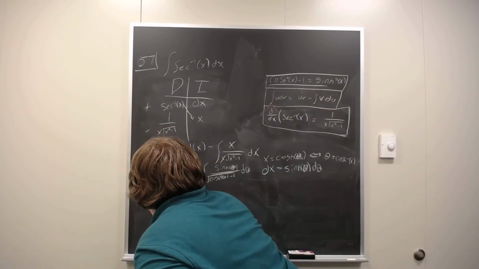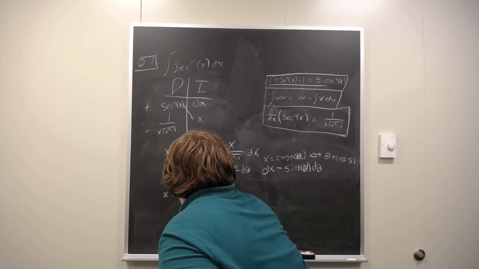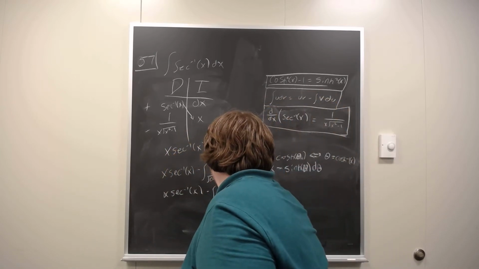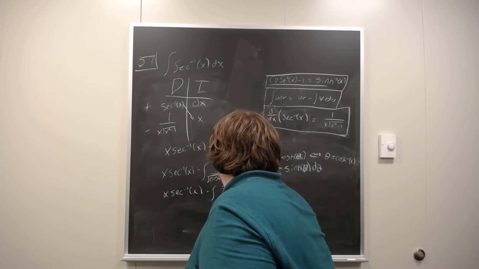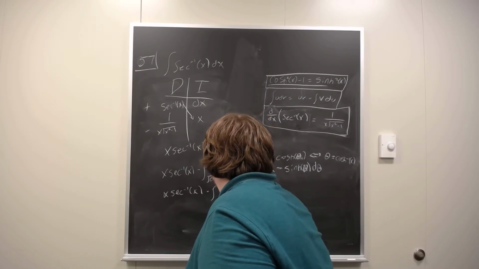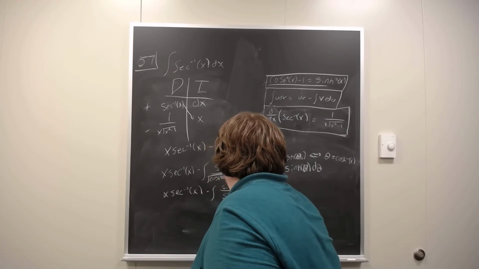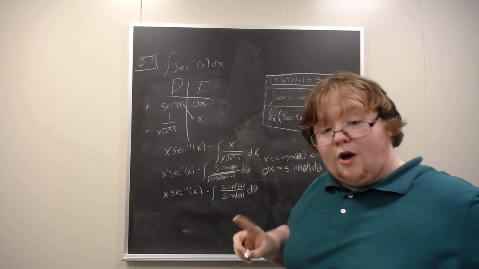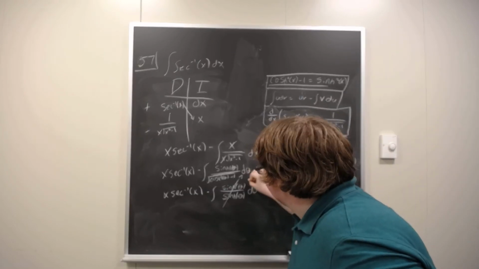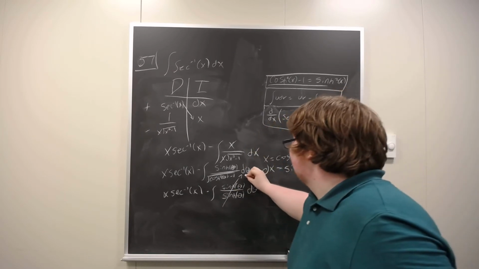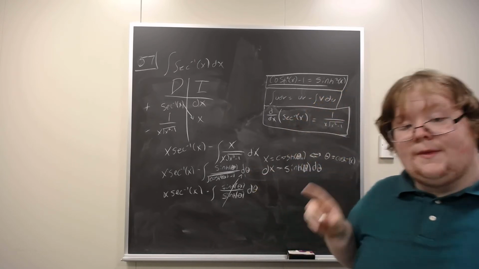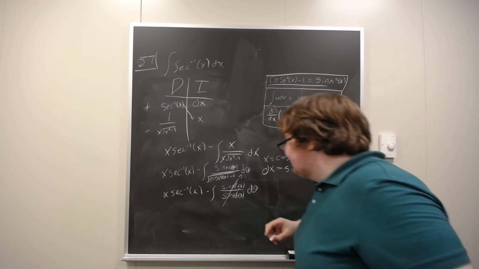So we're going to have minus the integral of sinh theta over sinh theta d theta. Okay, that's good. So we can cancel out the sinh thetas, and we're left with 1. So we're taking the integral of 1. So integral of 1 d theta is going to be theta in this case.